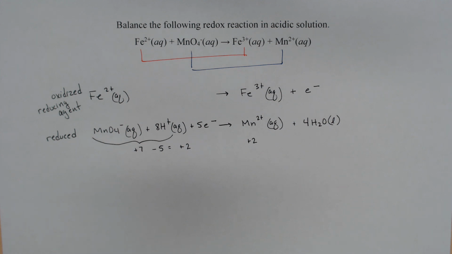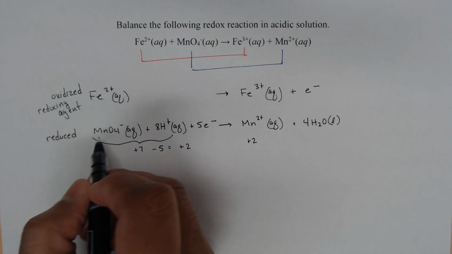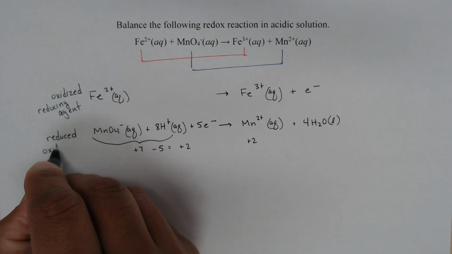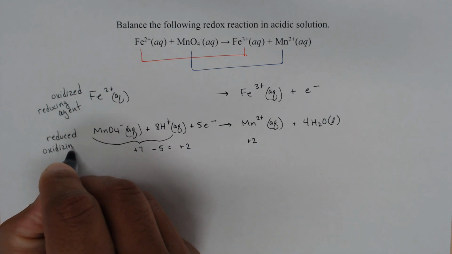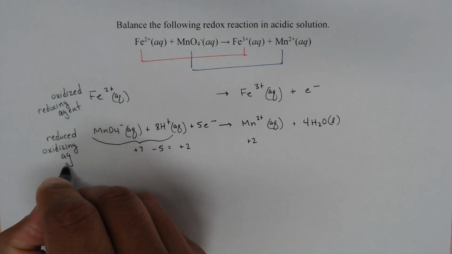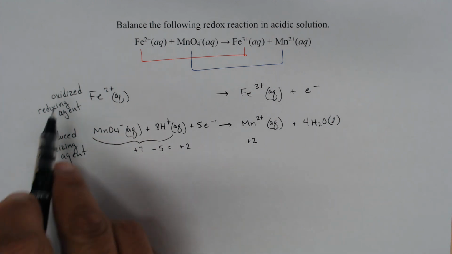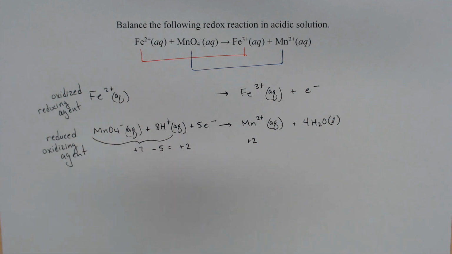And by gaining electrons from the iron, iron's being oxidized, that means permanganate is the oxidizing agent. So we've identified our species. We know what's being oxidized and what's being reduced.